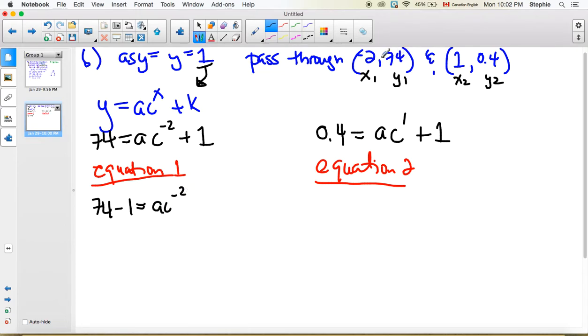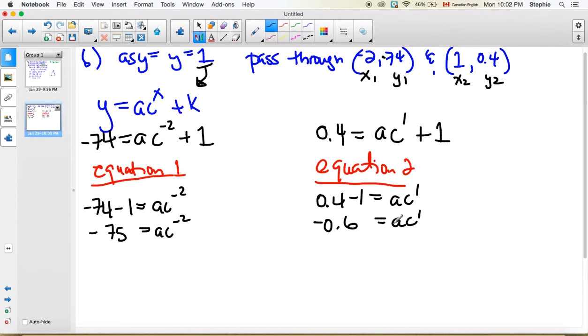Actually, I just realized this should have been a minus 74. So that's a minus 74 minus 1. I had copied it wrong. So there we go. This becomes minus 75 equals ac to the negative 2. And this becomes 0.4 minus 1 equals ac to the 1. Negative 0.6 equals ac to the 1.